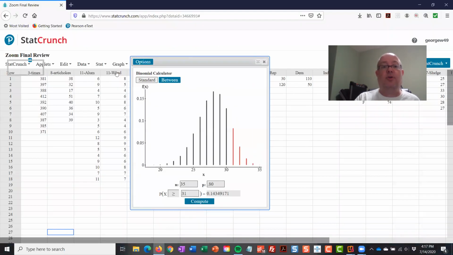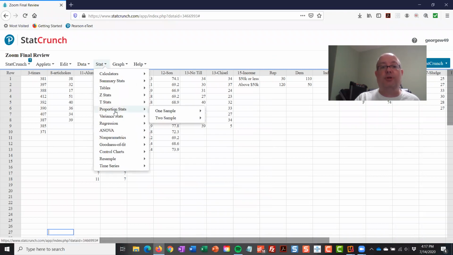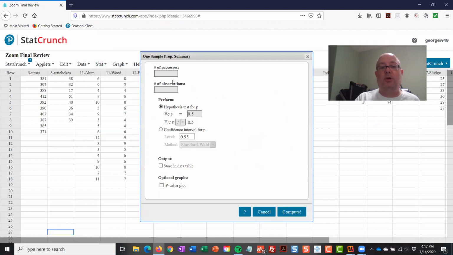This test is under Stat, Proportions, One Sample, With Summary. The number of successes was 137. Observations, 607. H0, P is equal to 0.2. HA or H1, P is greater than 0.2.